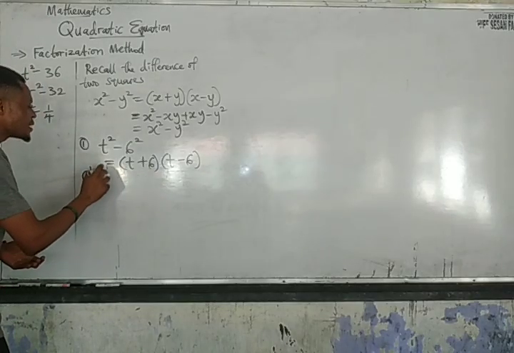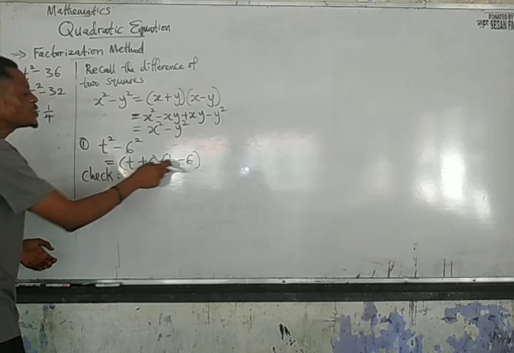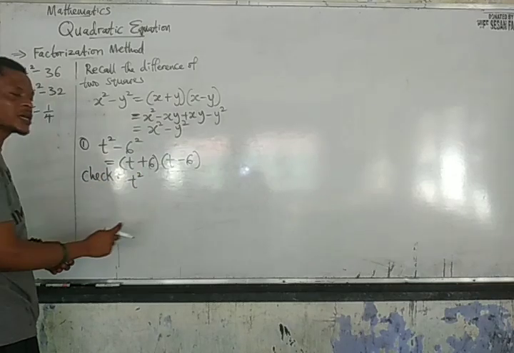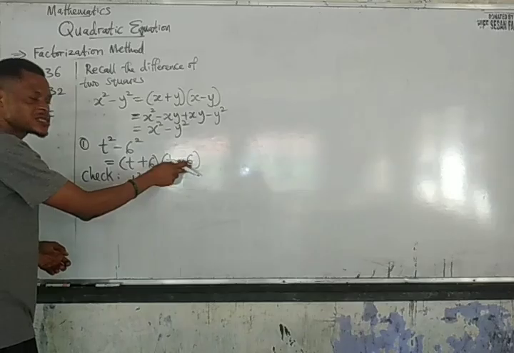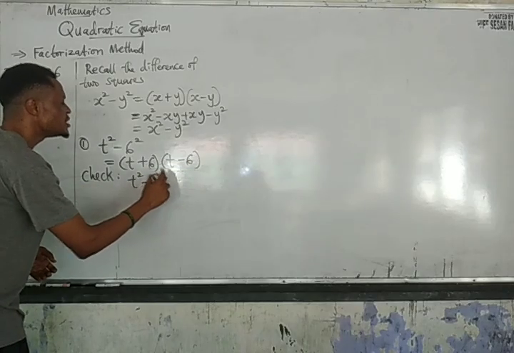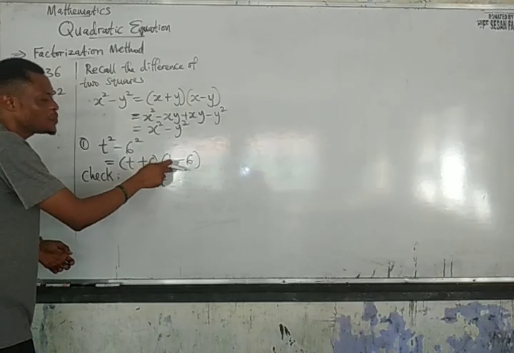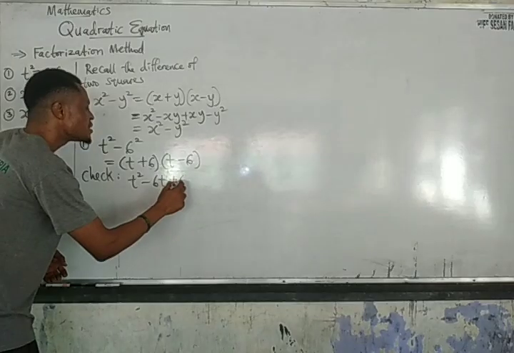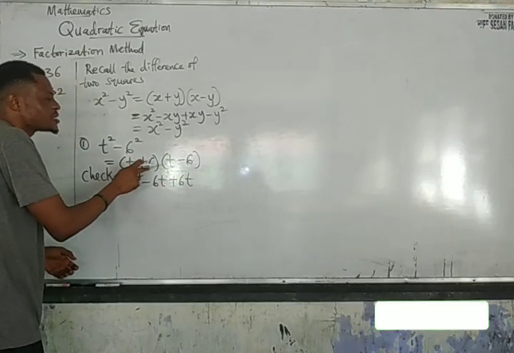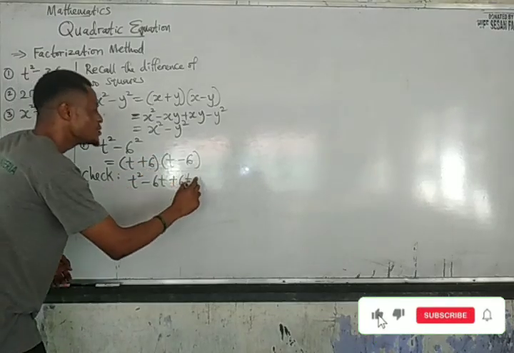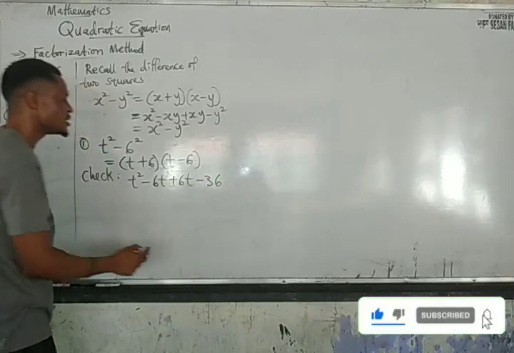Like you want to check this, t multiplied by t, you have t squared. t multiplied by minus 6, you have minus 6t. And 6 multiplied by t, you have plus 6t. Finally, 6 multiplied by minus 6, you have minus 36.